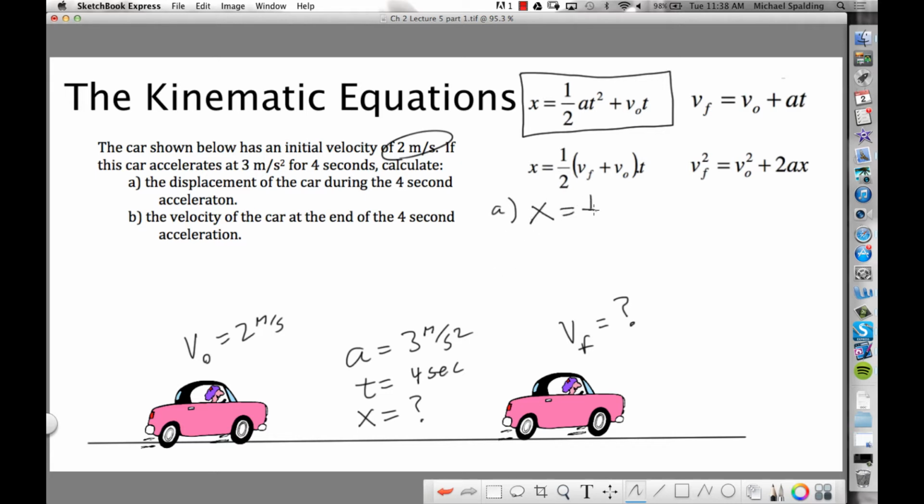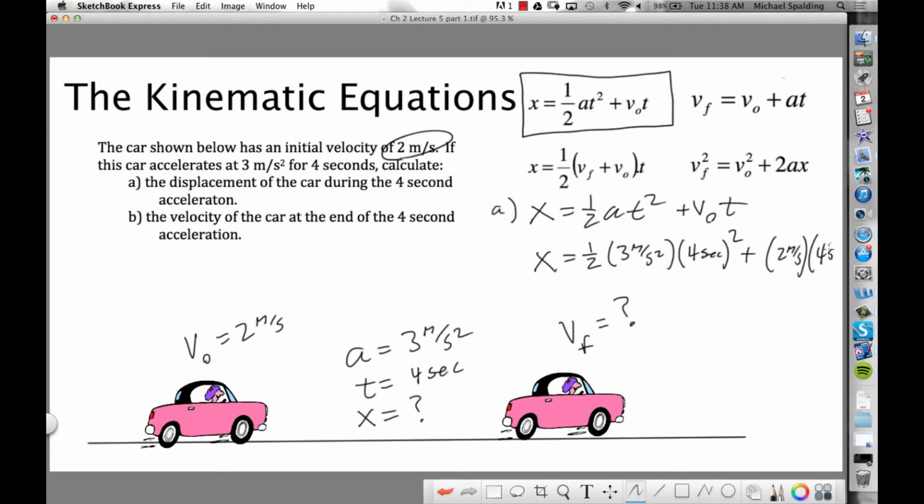We go x equals 1/2 a t squared plus v initial t, and now we plug numbers in because it's already solved for x. The acceleration is 3. Show units in the work. Initial velocity was 2.